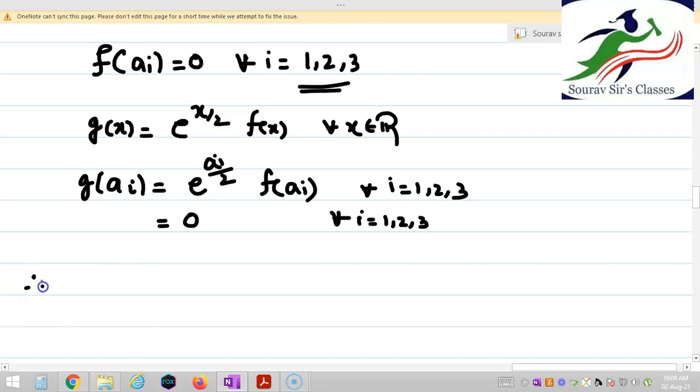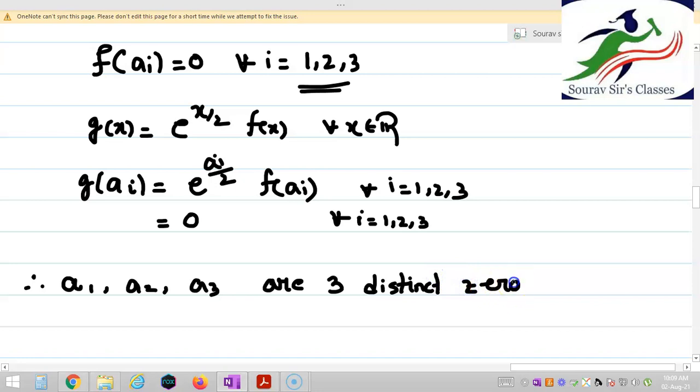Therefore a1, a2, a3 are 3 distinct zeros of g.